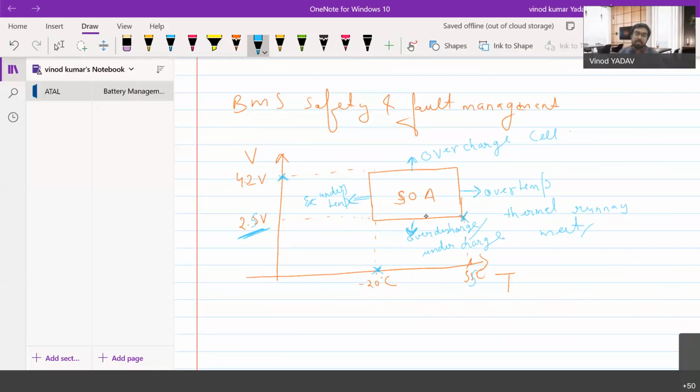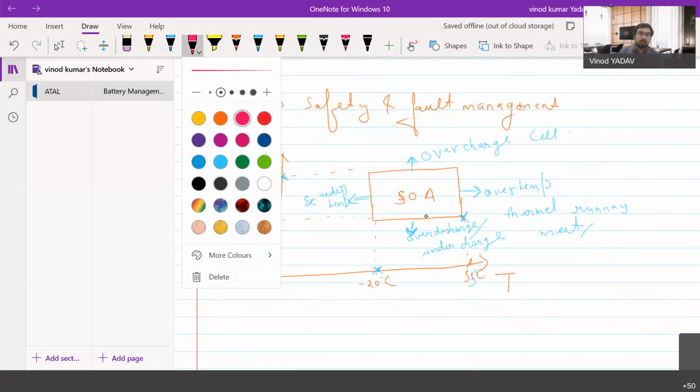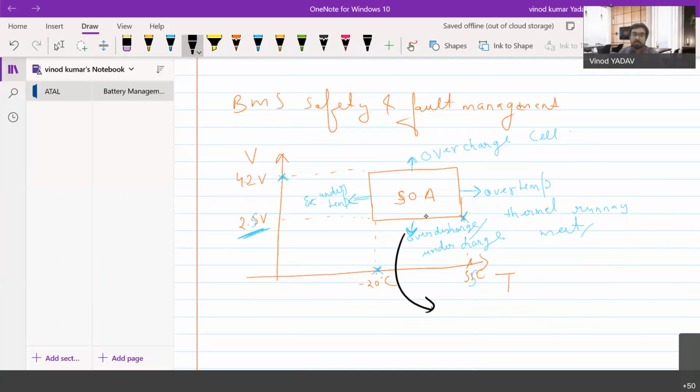Here the load is not sufficient, and in this region there is a possibility of dendritic growth.